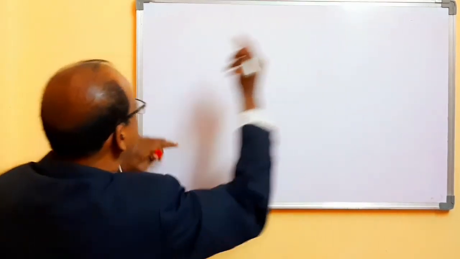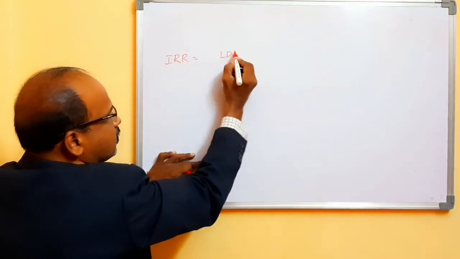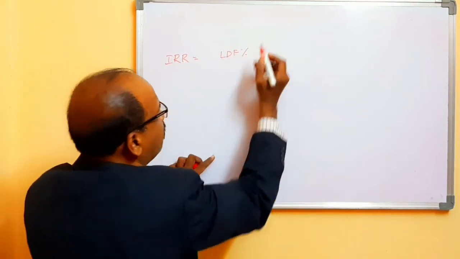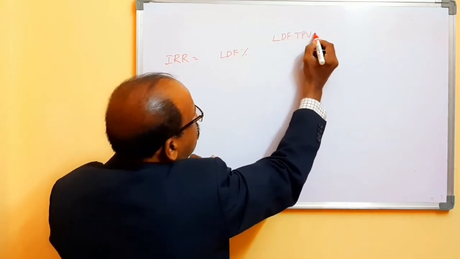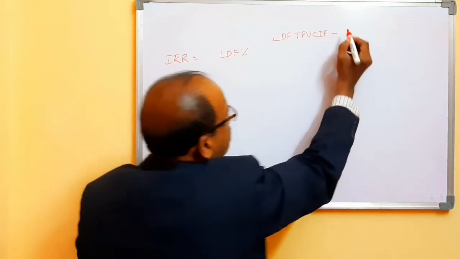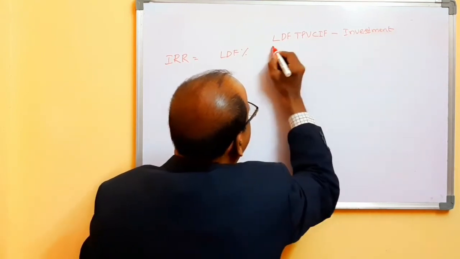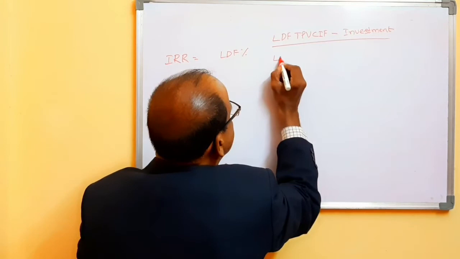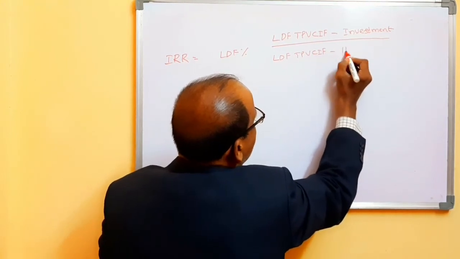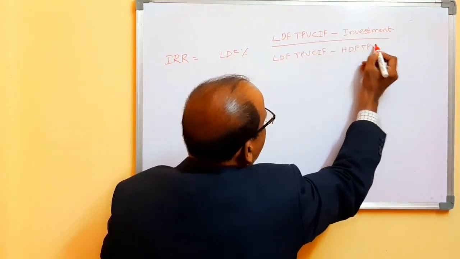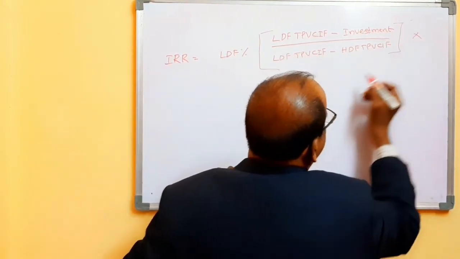The formula is IRR equals least discount factor percentage plus least discount factor total present value cash inflows minus investment or cash outflow, divided by least discount factor total present value cash inflows minus highest discount factor total present value cash inflows, into difference in rates.